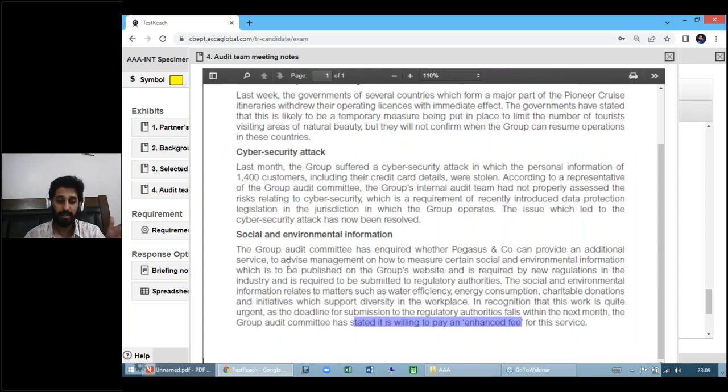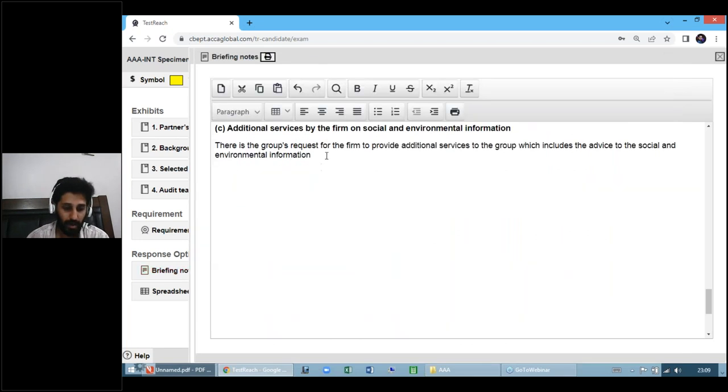And remember that to advise something to the management means taking the responsibility of the management, which is prohibited under the ACCA code of ethics, right? Under the ACCA code of ethics, it is not allowed.